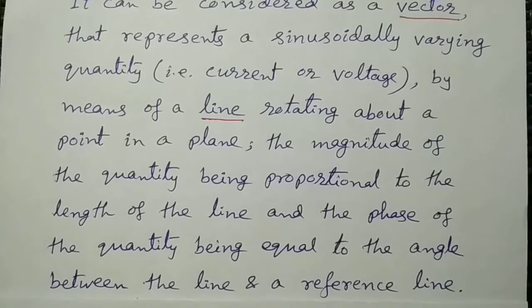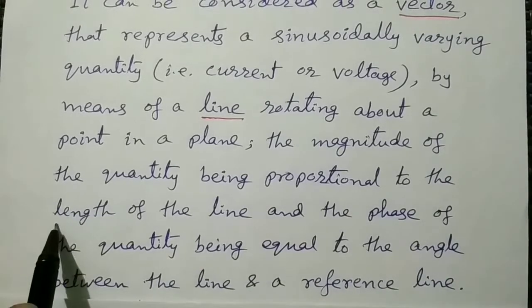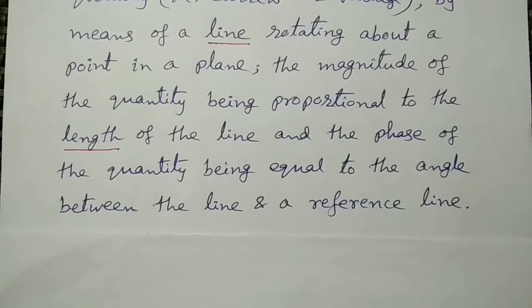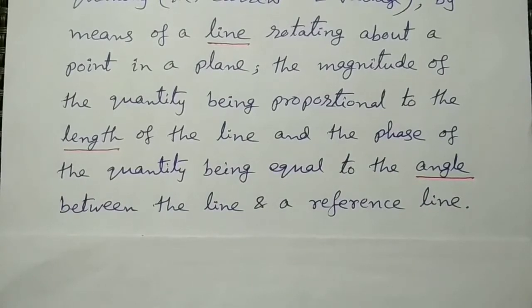The magnitude of the quantity being proportional to the length of the line, and the phase of the quantity being equal to the angle between the line and the reference line.